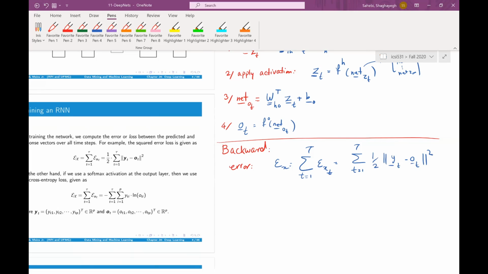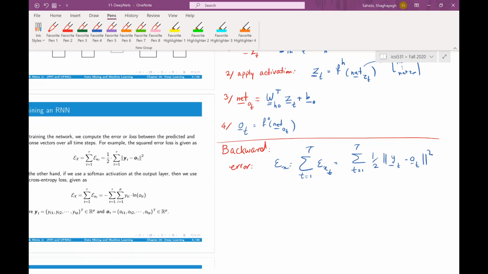Okay. Now it's time to backpropagate the error to the previous layers, so that we can calculate the gradients of W and also update the values of the parameters. How are we going to do that?